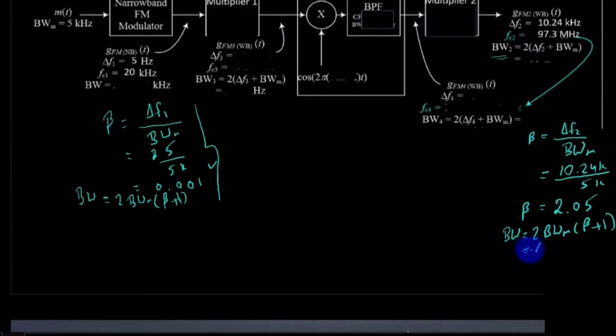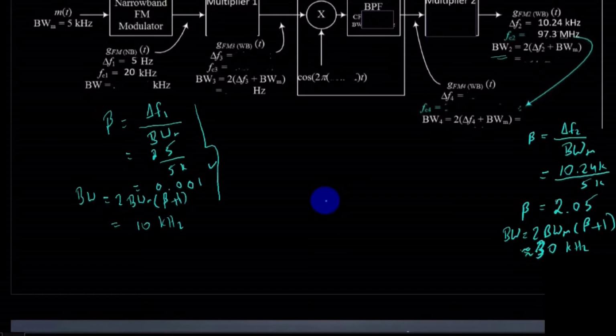So let me just approximate it to 30 kilohertz. Over here we would have 30 kilohertz at the wideband FM, whereas in narrowband FM originally it was simply 10 kilohertz. So there is a threefold increase in the bandwidth.